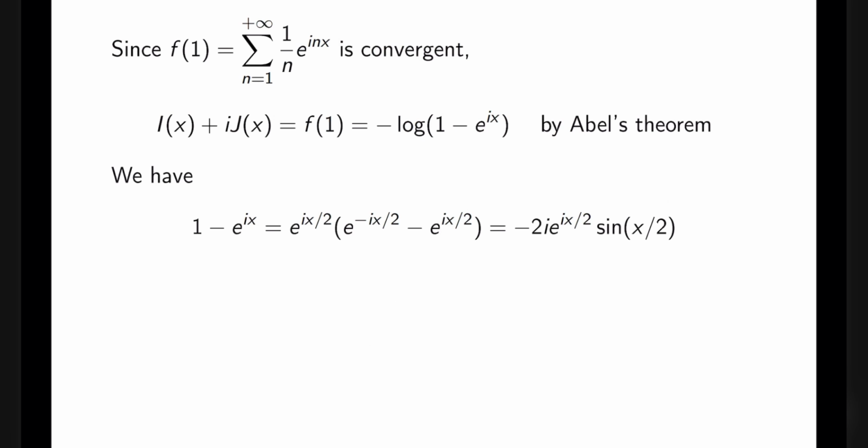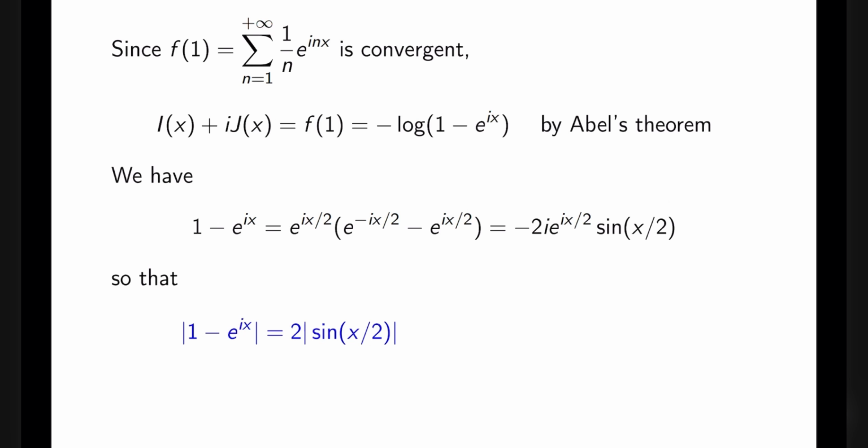Okay, so how to compute the modulus of 1 minus exponential ix? Well, there is a well-known trick, which is to factorize by exponential ix over 2. And at the end, we get minus 2i exponential ix over 2 times sine x over 2. So we easily get the modulus. It's going to be 2 times the absolute value of sine x over 2.